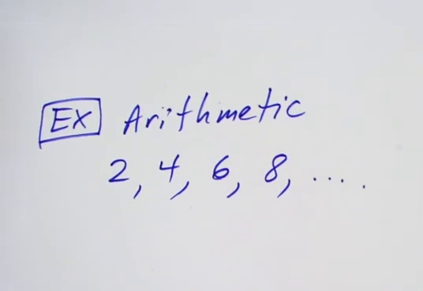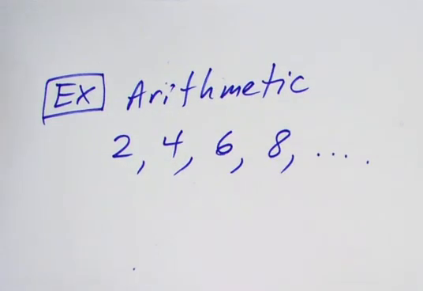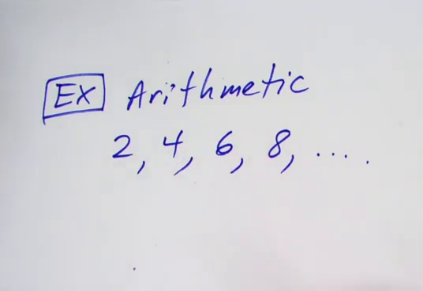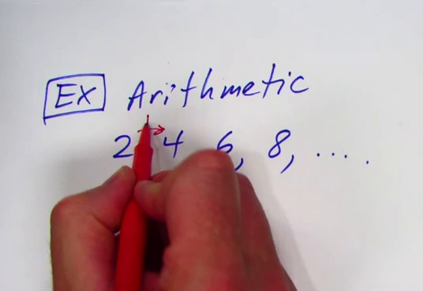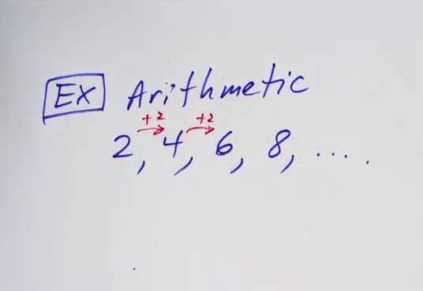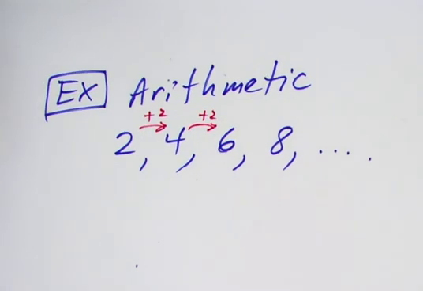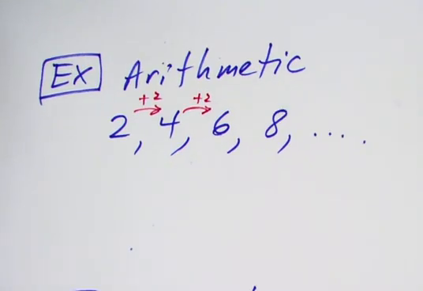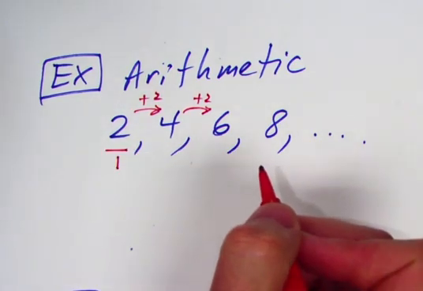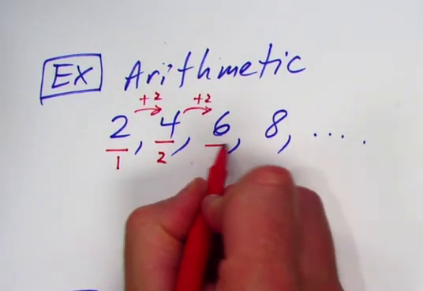The first arithmetic sequence you learned as a kid was 2, 4, 6, 8, who do we appreciate? You can clearly tell that it's adding 2 each time. One thing you don't know about sequences, and this is your time to learn it, is that this is the first term of the sequence, the first number. This is the second number, this is the third number.